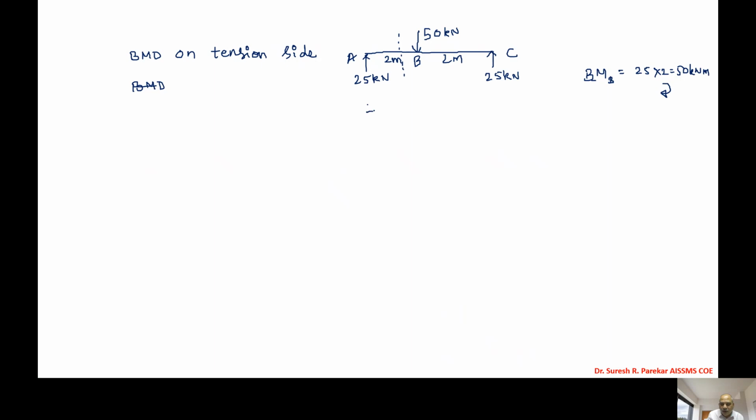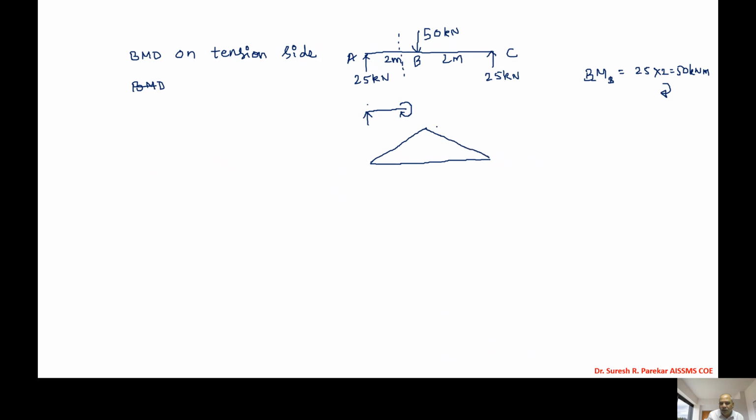Now if I plot this, we will have this and then we will plot it. What is the bending moment we have? We will draw clockwise, like this. So it will take the bending moment up, and we are habitual with this diagram from mechanics of structures, and we will have this as 50 kilonewton meter.